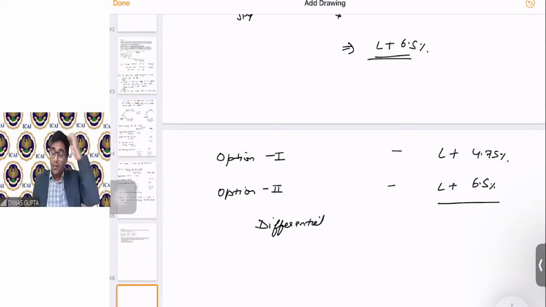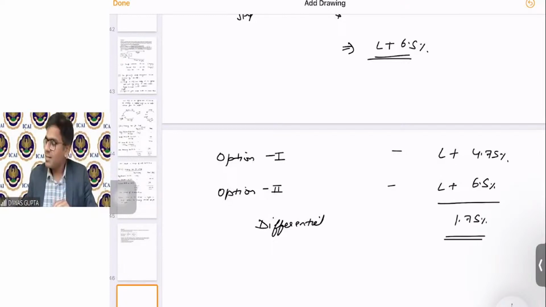Now, students, there was one question being asked, right? How have we arrived at the cash flow at the respective swap interest rates and the commission? Now, this question we will be able to answer. Okay. Now, what is the differential, students? 1.75%. So that means there is a net savings of 1.75%. Correct? 6.5 minus 4.75. So 1.75 is what we are able to save.